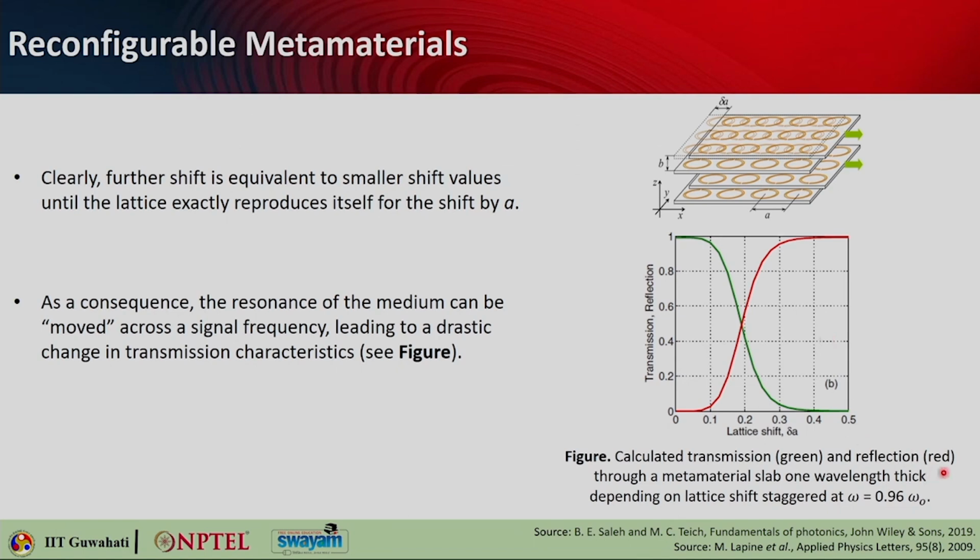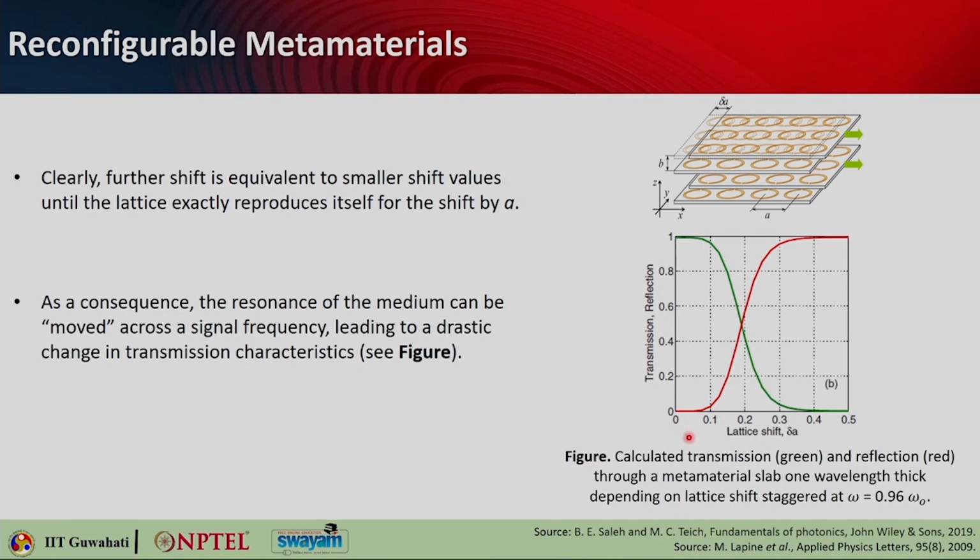This is calculated through a metamaterial slab which is 1 wavelength thick, and it is dependent on the lattice shift that is staggered at omega equals 0.96 omega naught. So, with staggered lattice shift, you can see the reflectance and transmittance can be tuned.